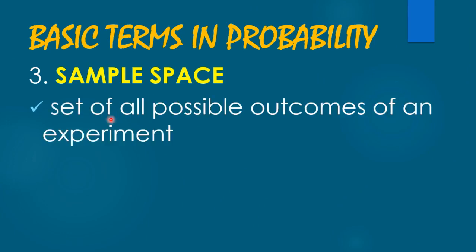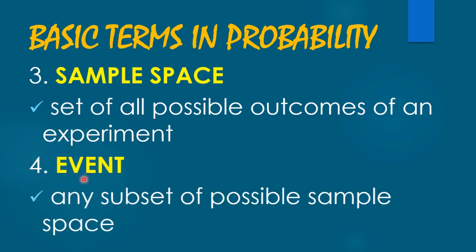Sample space is the set of all possible outcomes of an experiment. For instance, in tossing a coin, the sample space will be head and tail. And in rolling a die, the sample space will be 1, 2, 3, 4, 5, 6.